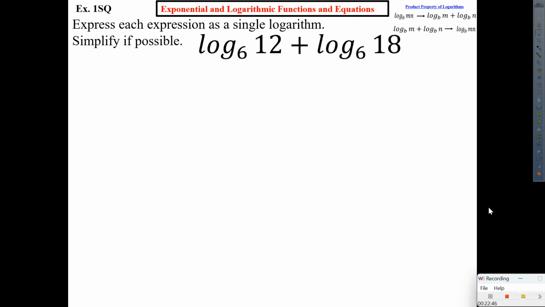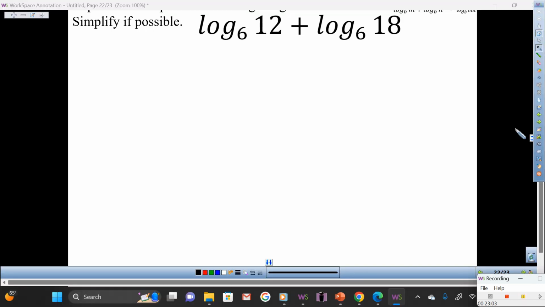Example 1 super Q reads again, express each expression as a single logarithm. Simplify if possible. Log base 6 of 12 plus log base 6 of 18. Copy and go. Help me out with this one. Caleb, go.